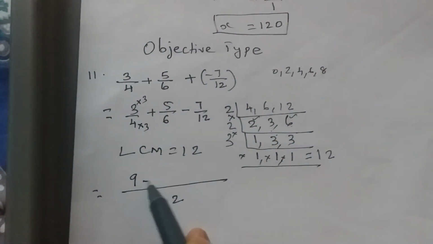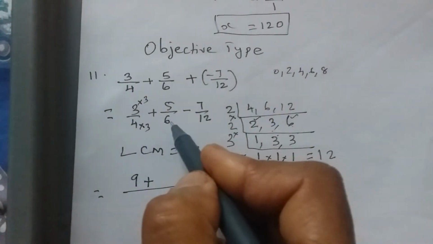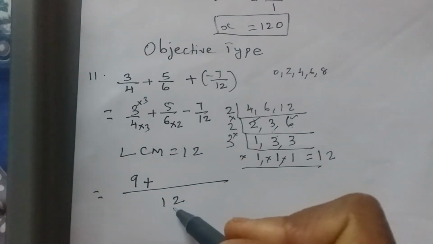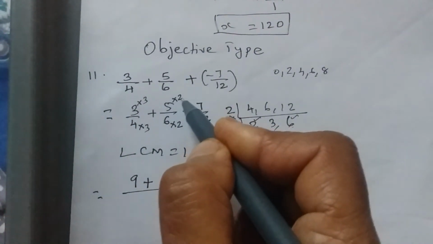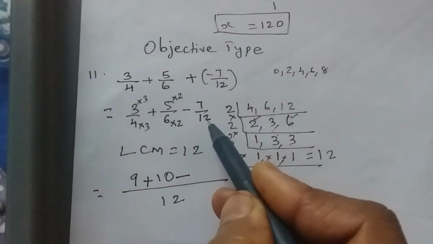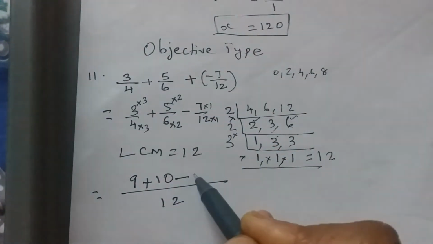Then what is the operation? Plus. 6 tables. 6 ones are 6, 6 2s are 12. So the denominator we have multiplied by 2. Instead of 6 we have written 12, so multiply the numerator also by 2. It is 10. Then what is the sign? Minus 12 as it is. So 12 ones are 12, 7 ones are 7.